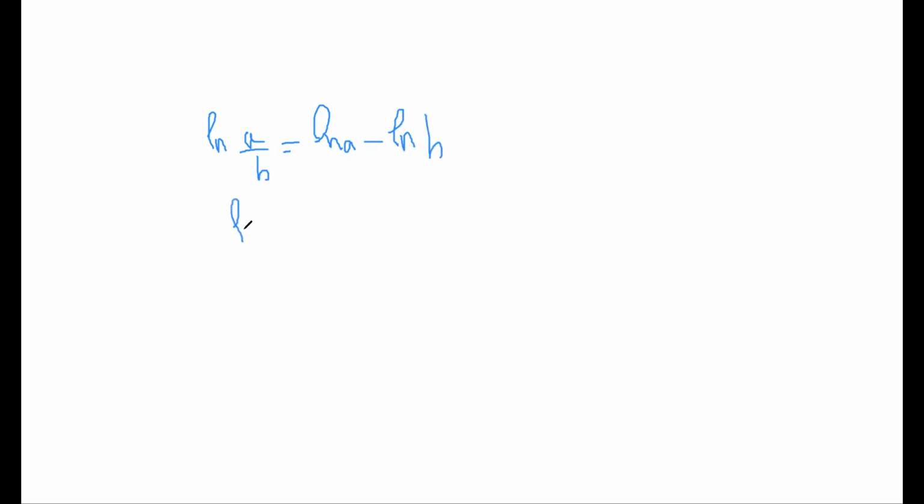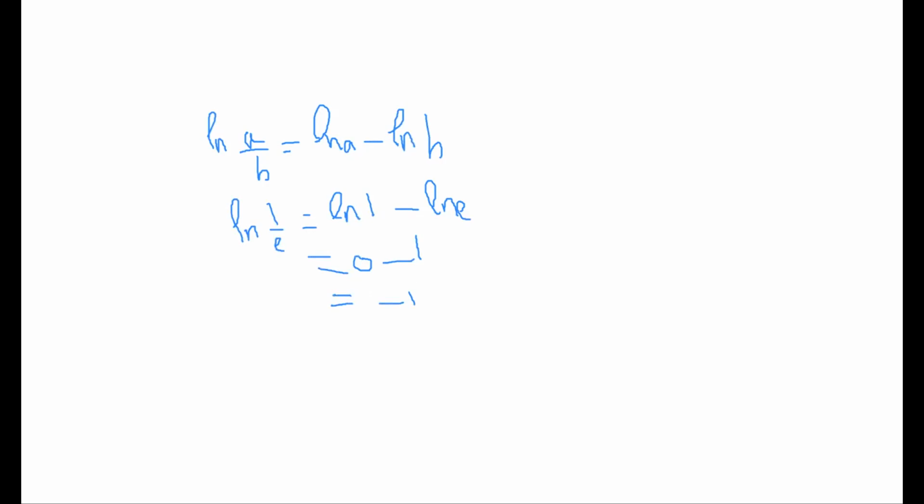So ln 1 over e is ln 1 minus ln e. Ln 1 is 0, ln e is 1, so we get minus 1. So ln a over b is ln a minus ln b. Ln 1 over e is ln 1 minus ln e. 0 minus 1 equal minus 1.